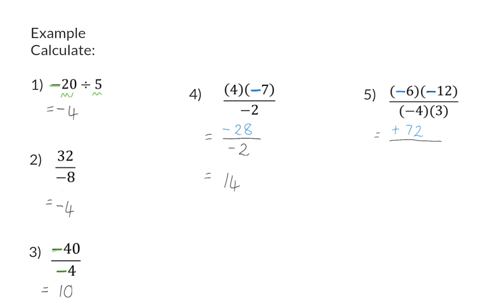In the denominator, we have a minus times a plus, and only one minus stays negative, and 4 times 3 is 12. Now I can divide. 72 divided by 12 is 6. And a plus divided by a minus is an odd number of minuses, which will have a negative answer.